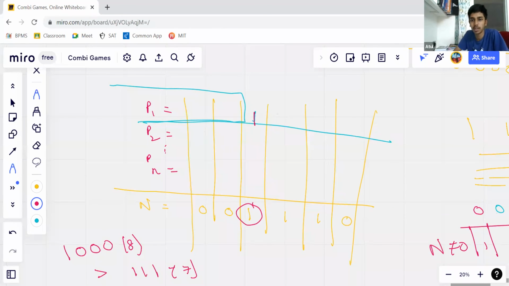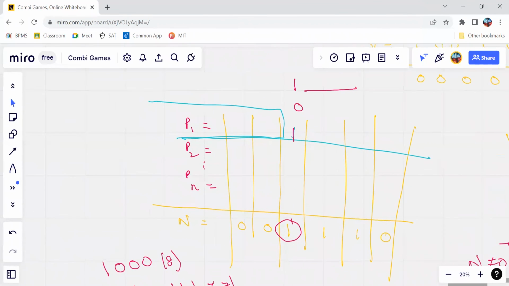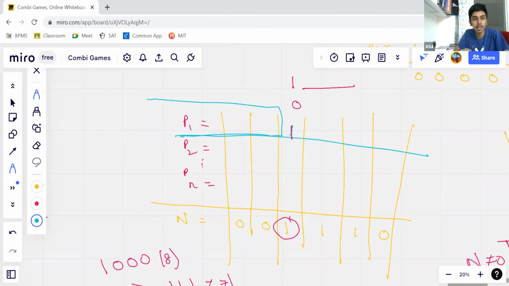Does that make sense? Essentially P1 is initially 1 and some stuff, and I'm going to make it 0. Okay, let me repeat this. P1 is like 1 followed by some stuff.